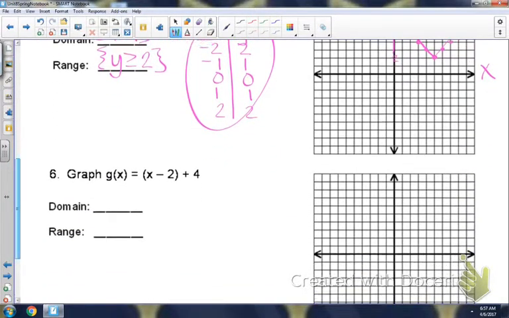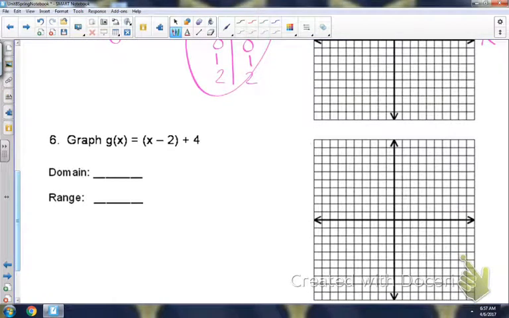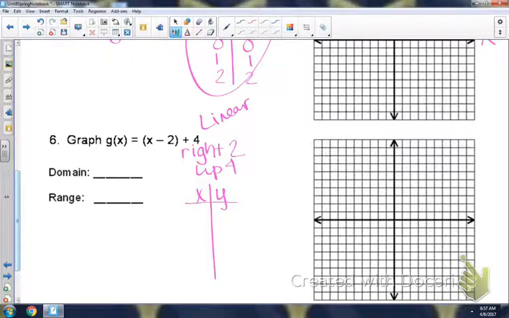Okay, so number 6. Notice that we just have an x. This is linear. So we should have a straight line when we graph it. The transformations, inside parentheses, it says x minus 2, which means you're going to be going to the right 2, and then the plus 4, you're going to be shifting up 4. So remember, you do have a 0, 0 point. So let's go ahead and write down our points from our f of x equals x.